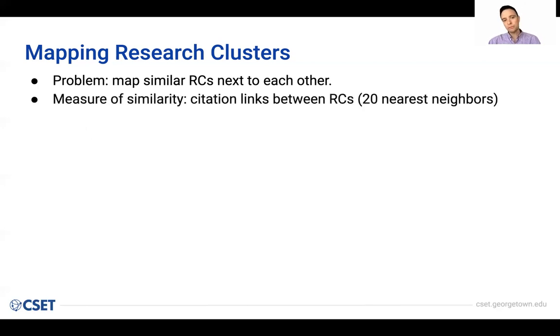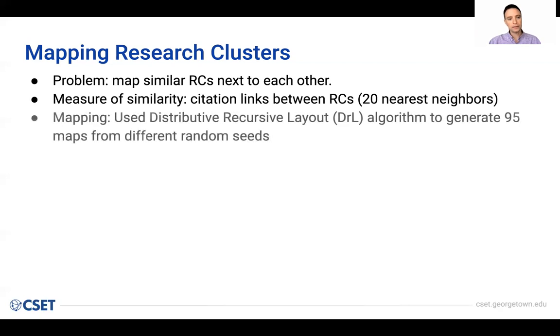First, we measure connectedness of these clusters using the top 20 most connected clusters for each research cluster. We use a distributed recursive layout algorithm to generate 95 different layout maps, because there is some randomness in how the clusters are positioned, but the idea is to position clusters that are connected close together in the map.